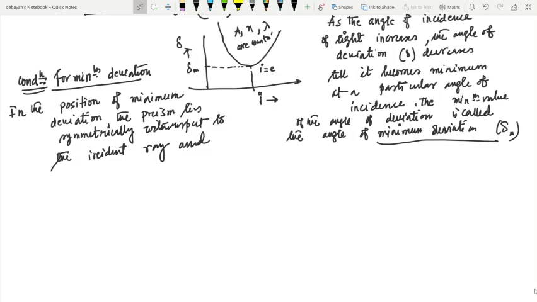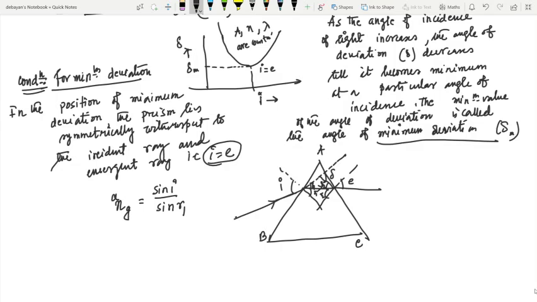And when the refracted ray is incident at the face AC of the prism and emerges out into the air, then air with respect to glass is sin r2 by sin E. Since glass with respect to air is the reciprocal, we get sin I by sin r1 equals sin E by sin r2, and since I equals E, we can write r1 equals r2.